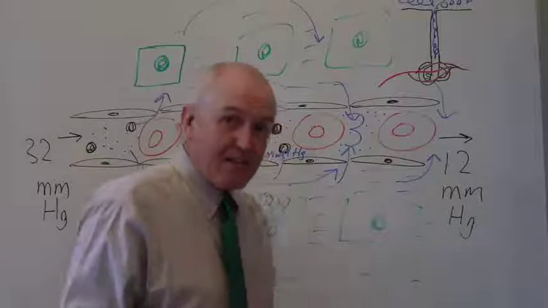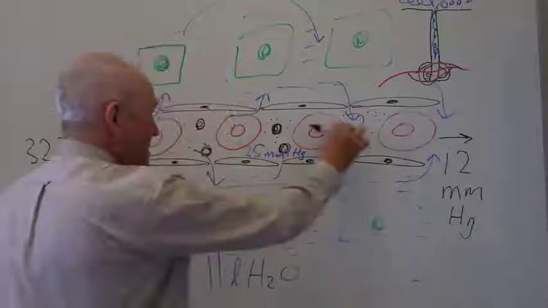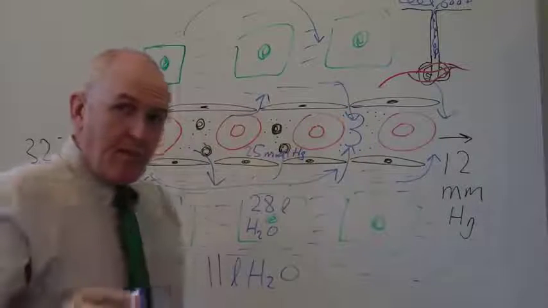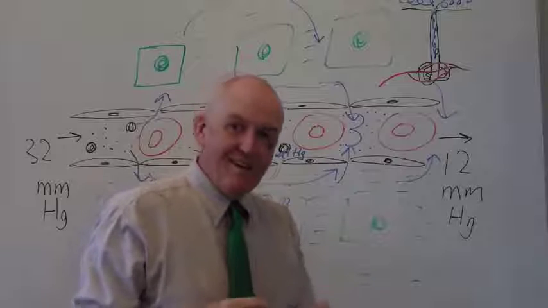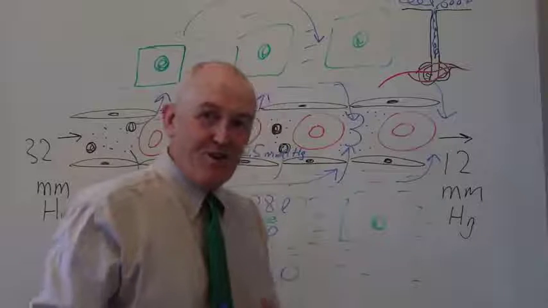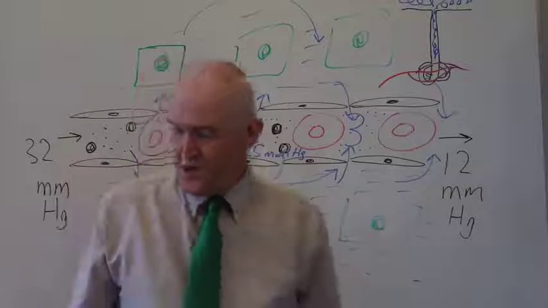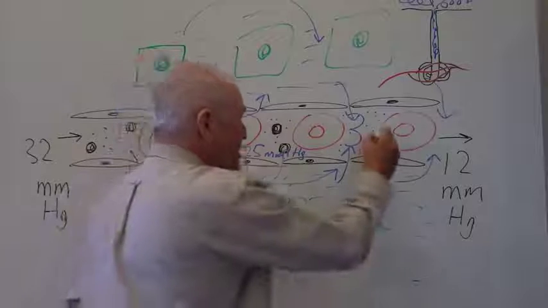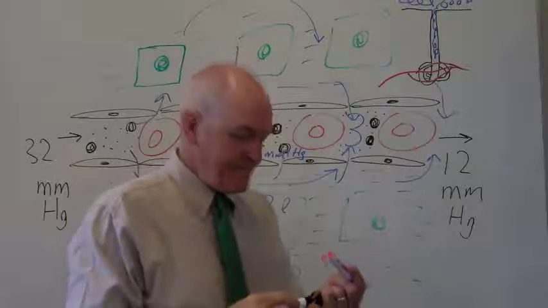That means as sweating goes on, there's going to be less water in the intravascular compartment. But we do not sweat plasma protein molecules. The plasma protein molecules don't go from the intravascular compartment into the sweat gland. No, they stay where they were to begin with, in the plasma.